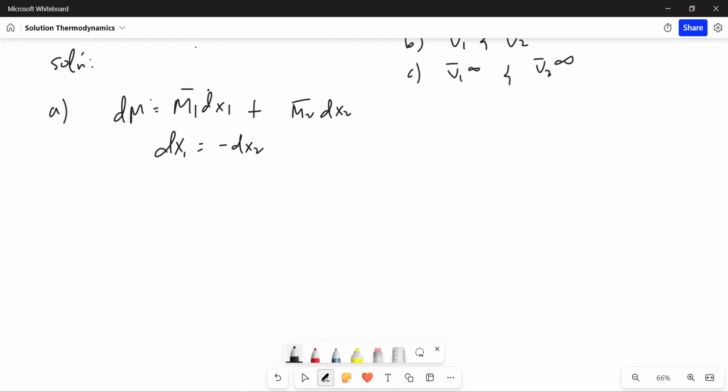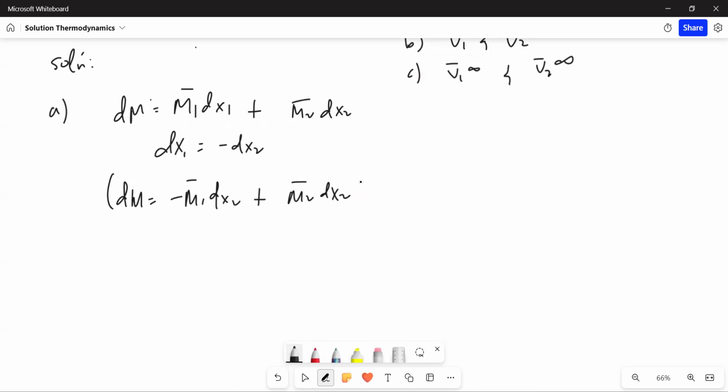So we substitute that, and our equation becomes dM equals negative M1 bar dx2 plus M2 bar dx2.